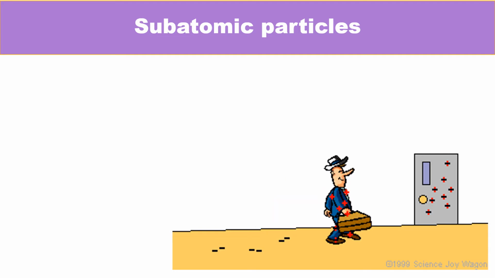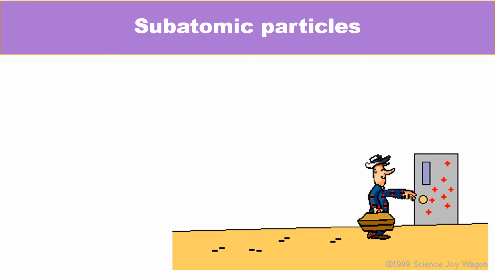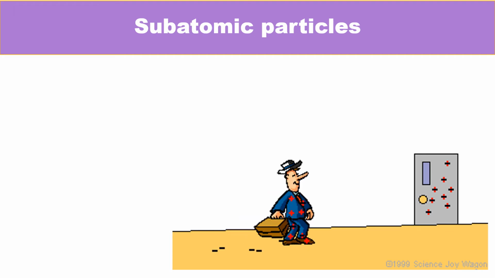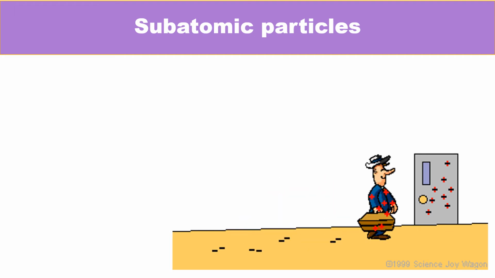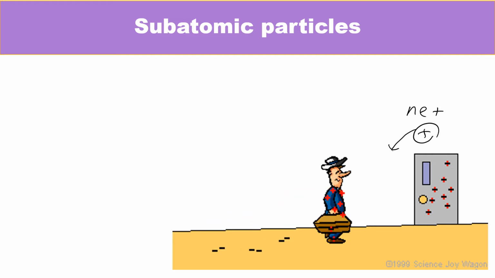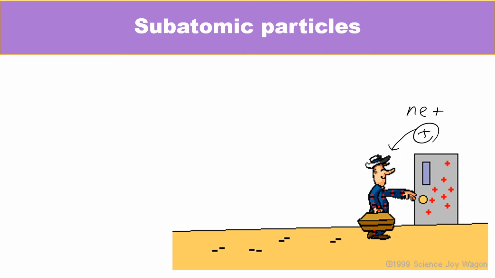Can you see that negative electron jump or move from his clothes all the way to the carpet, making him positively charged? The red positive.